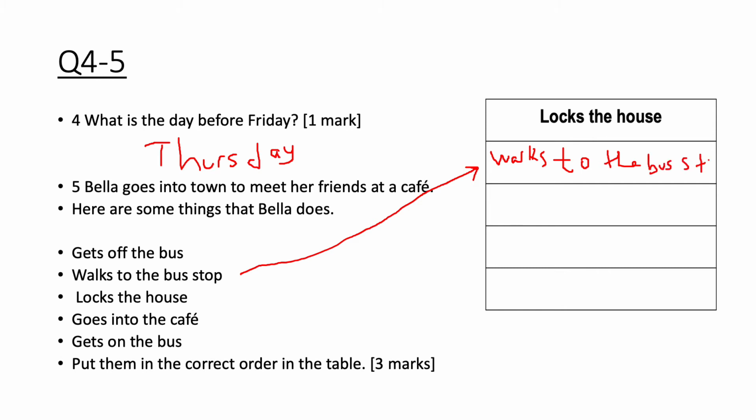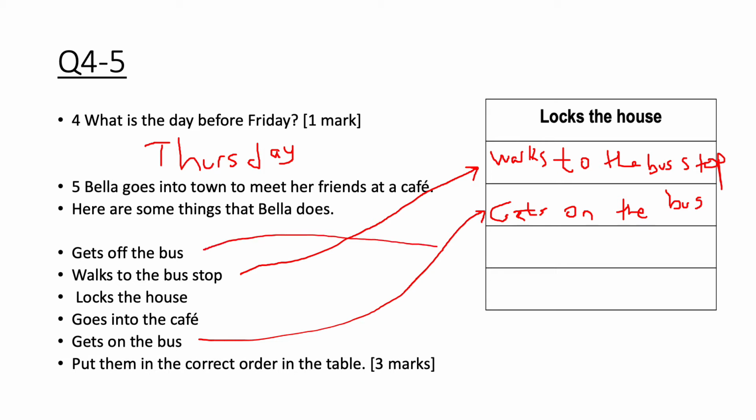Okay, she would then get on the bus, so that would be box number 3. So gets on the bus. She would then get off the bus, so that would go there, and then she would go into the cafe.